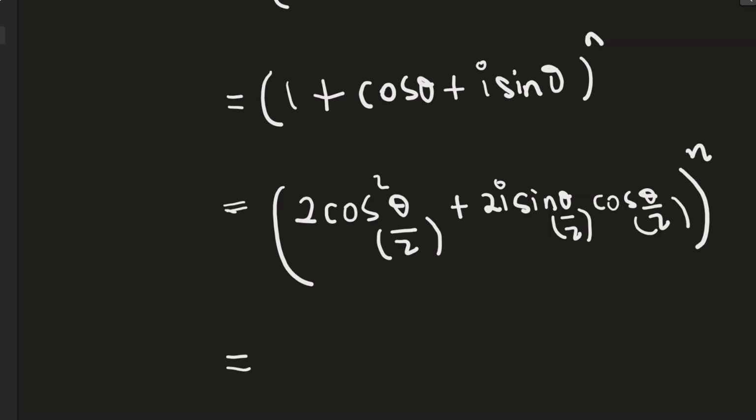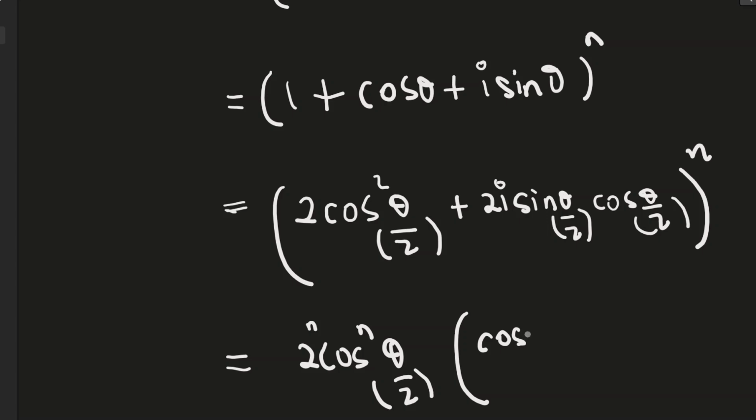Let's pull out 2 cos theta by 2, so that's 2 to the power n cos to the power n theta by 2 times cos theta by 2 plus iota sin theta by 2, whole to the power n.